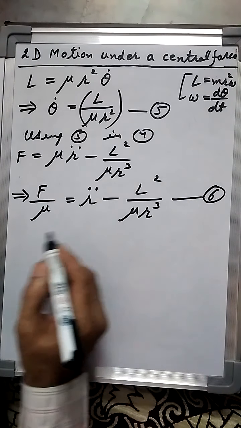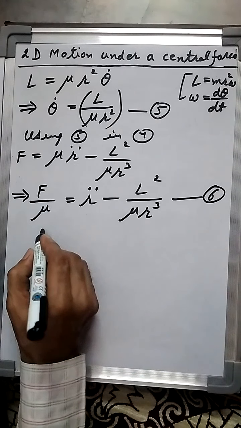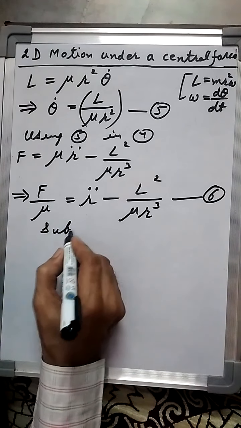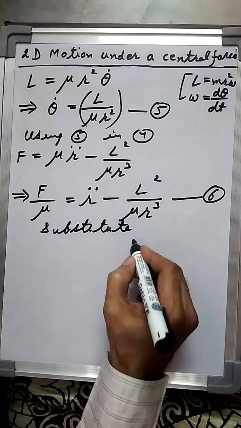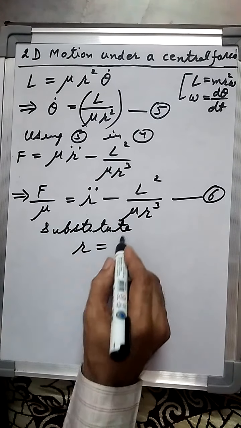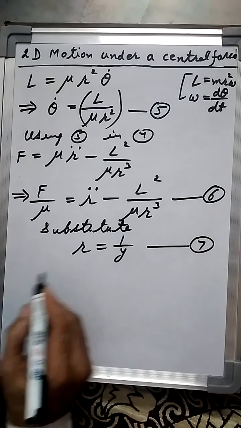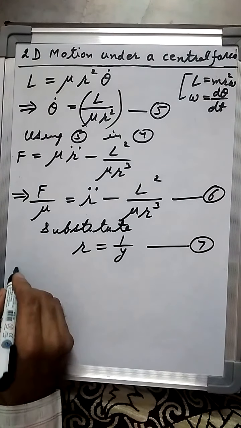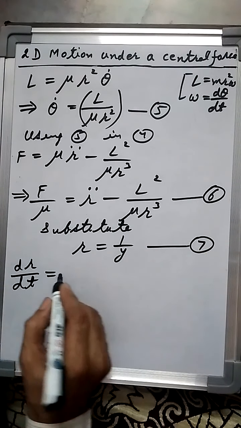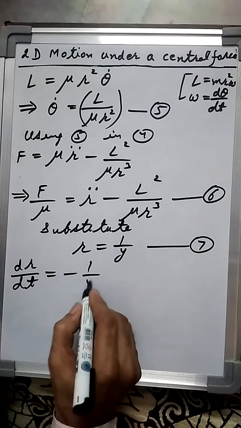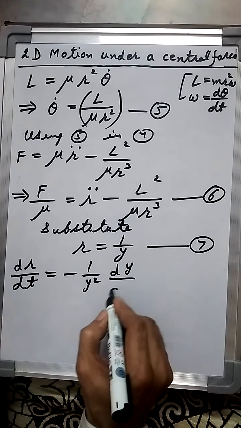Now we shall change the variable from r to a new variable y. For that purpose, substitute r is equal to 1 upon y, equation number 7. From this equation, I can find dr by dt as equal to minus 1 upon y square dy by dt.